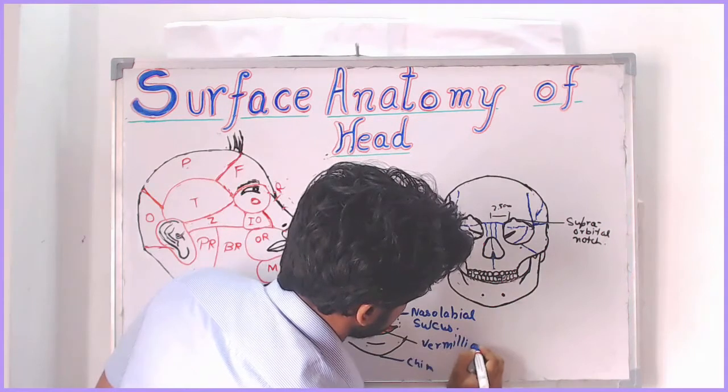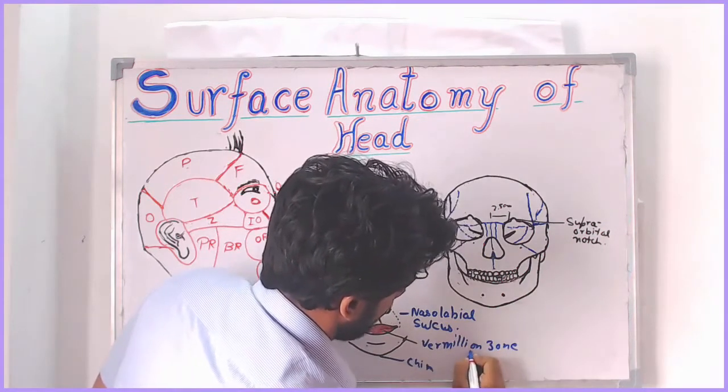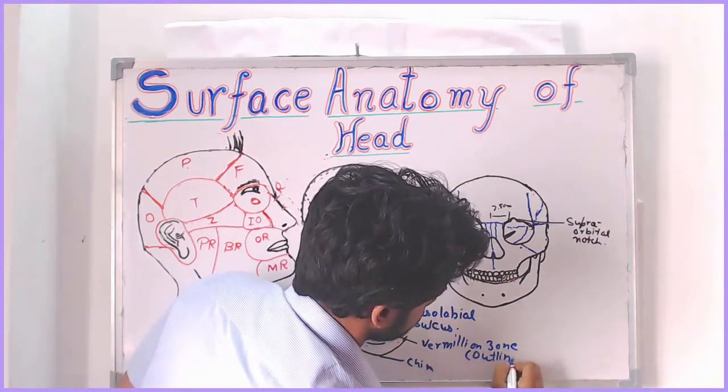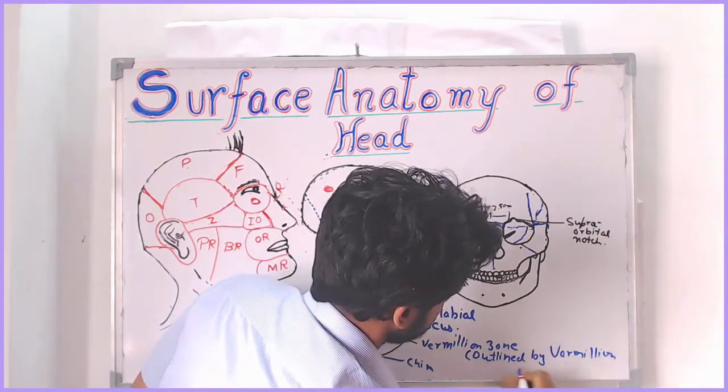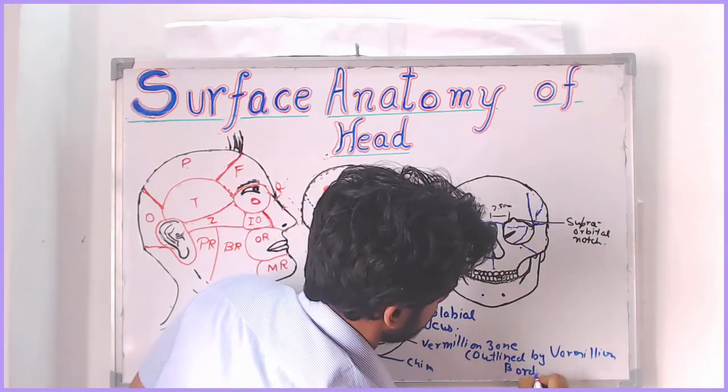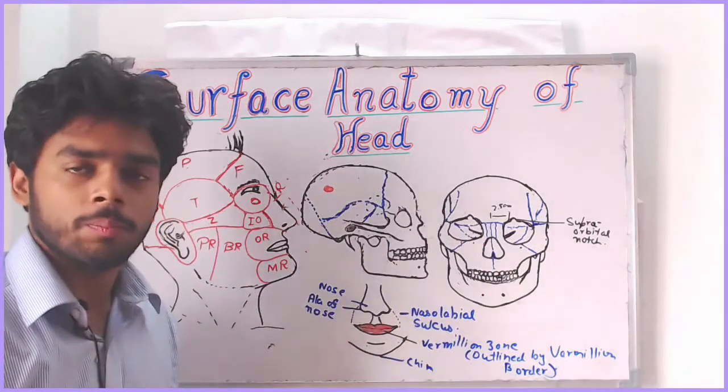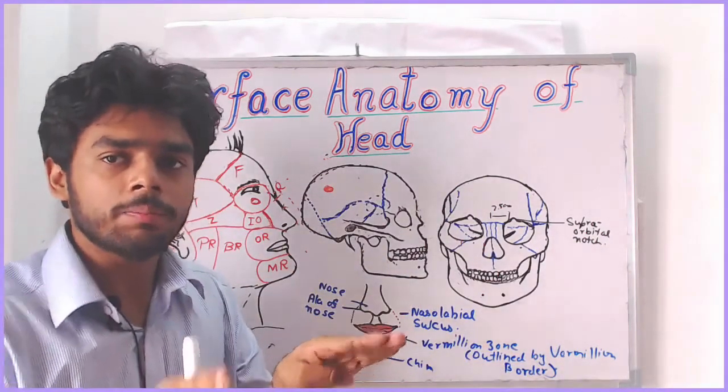At this border there is a junction of the skin part and the vermilion zone part.